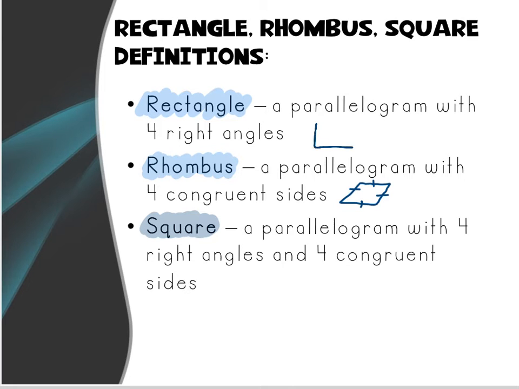So a square is a combination of these 2: 4 right angles, 4 congruent sides. So everything that's true about a rhombus is also true about a square. Everything that's true about a rectangle is also true about a square.